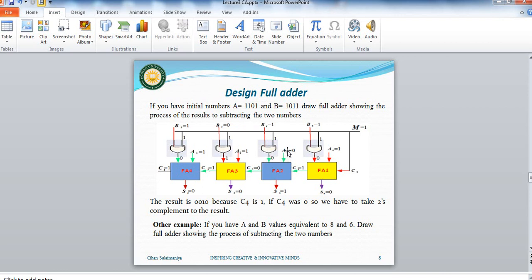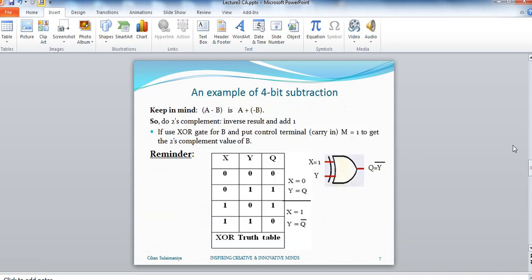I am going to add an XOR gate, and fix the second number on 1. See here, the second number, I am going to fix it on 1. If I fix it on 1, whatever Y is, the result of Q will be twisted, it will be the opposite.